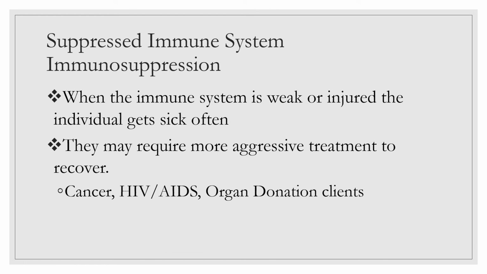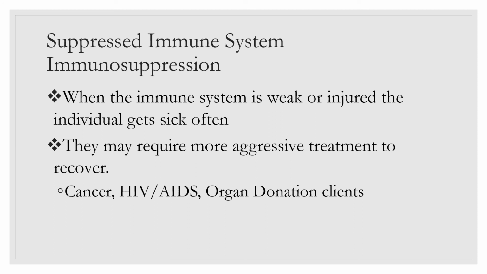So when we have a suppression of the immune system, we call that immunosuppression, or you'll also hear the term immunocompromise. This is when the immune system is weak or injured and the person gets sick often. There are several things that can cause that, different diseases, like cancers. You've already studied that.